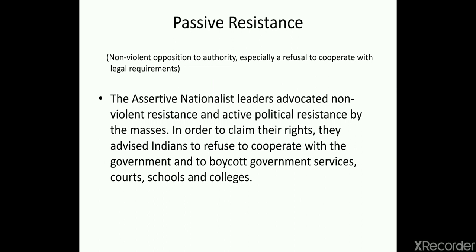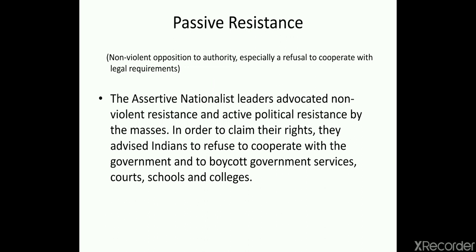What is passive resistance? Passive resistance means non-violent opposition to authority, especially a refusal to cooperate with legal requirements. So here we were within the non-violent frame. That means we were opposing the Britishers, but not violently, in a non-violent way or a legal method.